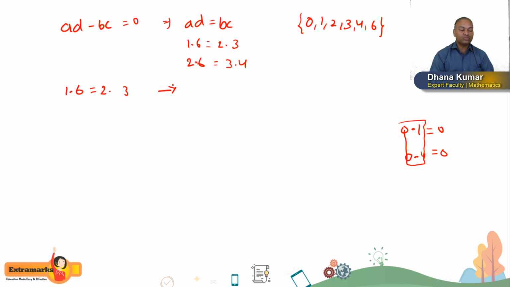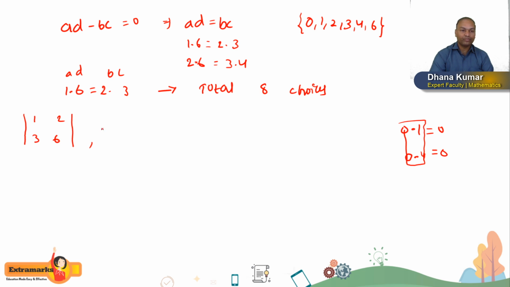Like that, how many possibilities exist? Total 8 possibilities, 8 choices. How did I write 8? Just see here. For example, if you take AD as 1 6 and BC as 2 3, here the determinant is 0.